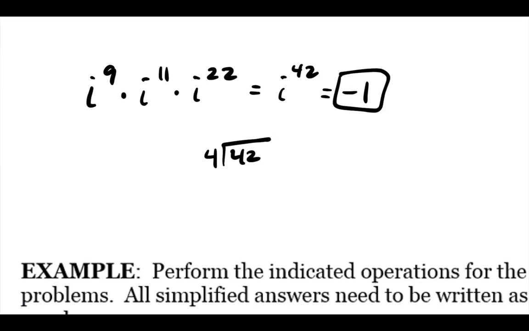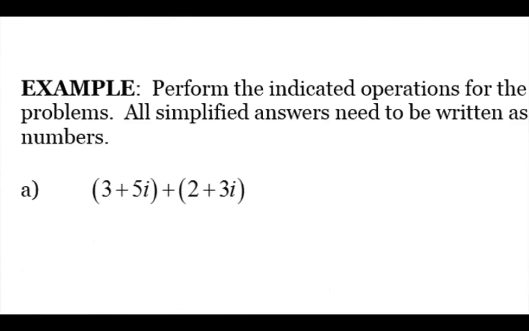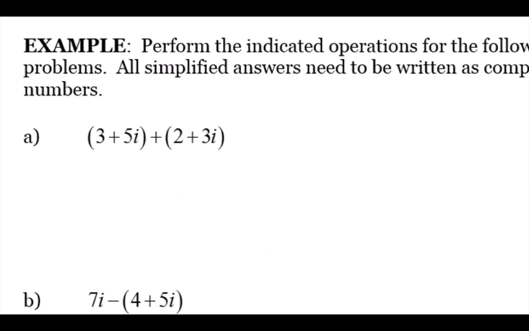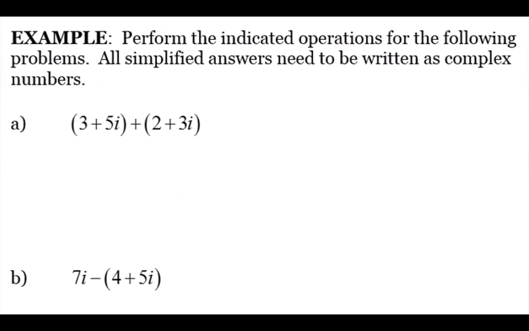So next thing. Here, now we're going to do some adding, subtracting, multiplying, dividing. Before we start on that though, notice that they want your answer written as a complex number. It's written on the board there. A complex number has 2 parts. It has a real part.